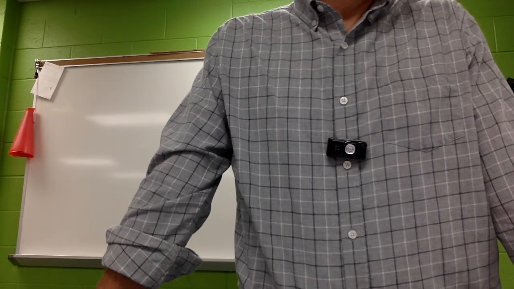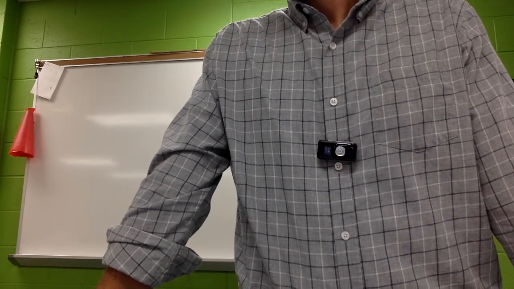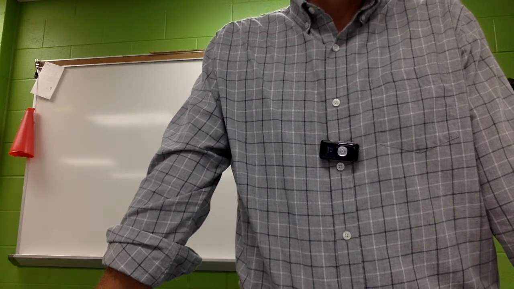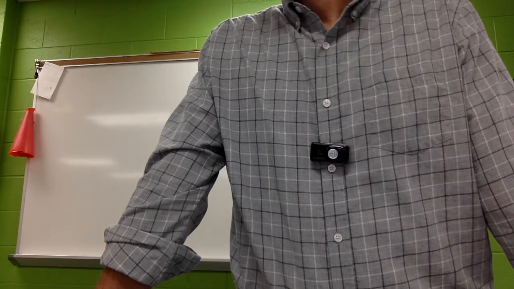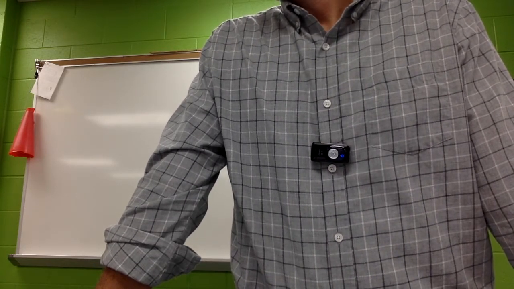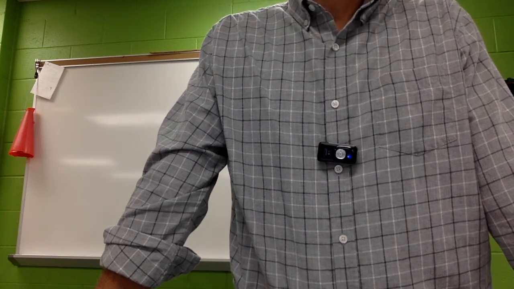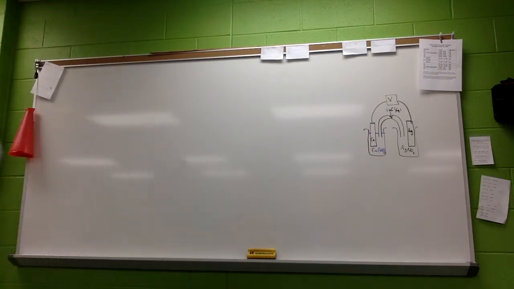What do you guys know about copper? Which copper? Because there's two. There's copper 1 and there's copper 2, right? Just for fun, let's use copper 2 because that's the one we're going to run into most often.